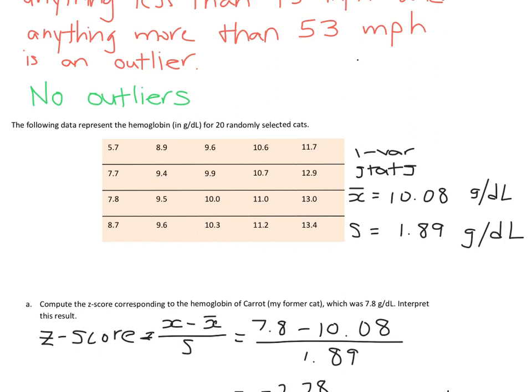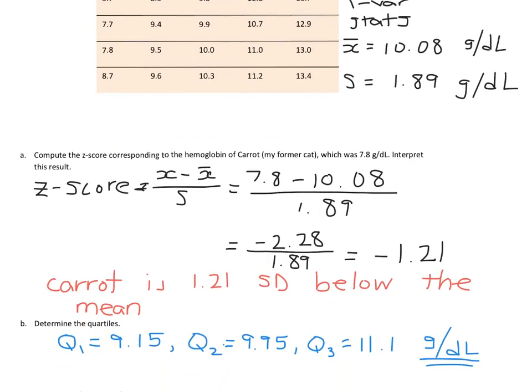All right, let's see how you guys did. So you put your data into a list and you did your 1-var stats, and here's your mean and your standard deviation. And again, that was your first step because we wanted to compute the z-score next. So Carrot, my former cat, this was her hemoglobin. And we took the observation minus the mean, divided by the standard deviation, and that gives us our z-score.